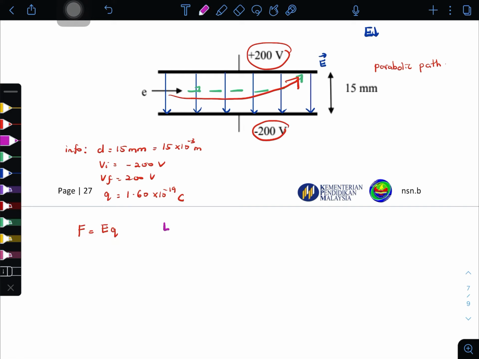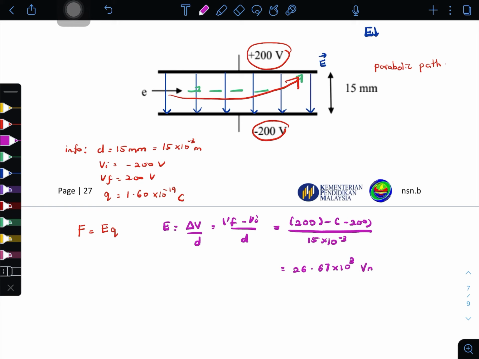So we can find E by using formula E is equals to delta V over D. Okay, so the delta V kita tahu V final tolak V initial bahagi dengan D. So V final kita ialah 200 minus negative 200 divided by the distance is 15 exponent negative 3. So kita akan dapat kita punya E, which is 26.67 exponent 3 volt per meter.